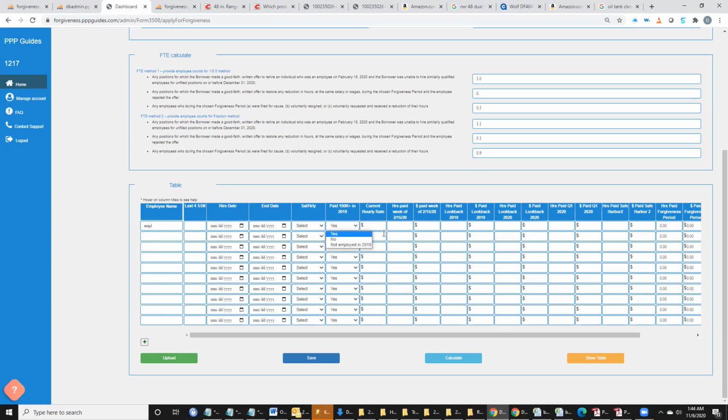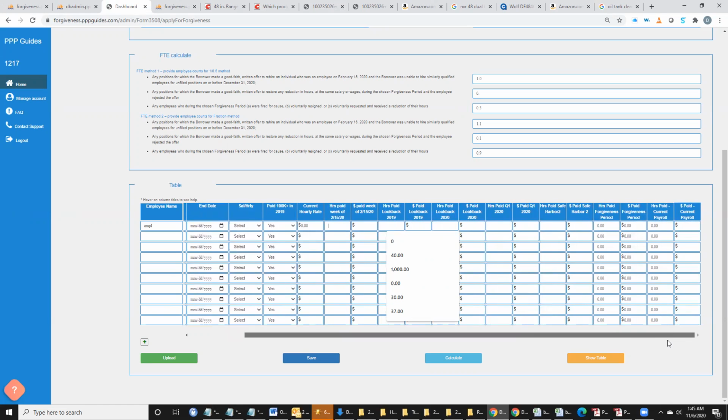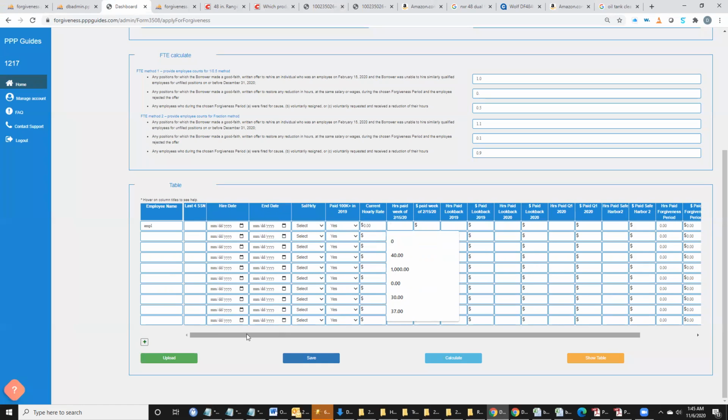Did this person receive 100K or more in 2019? What is the current rate? How many hours did they work in 2019, February 15th period, etc., etc. If you notice, there's a lot of information they're supposed to fill. So now you can see how tedious this effort is.